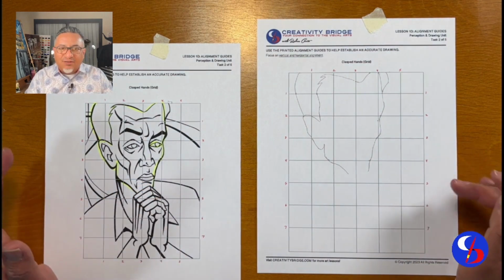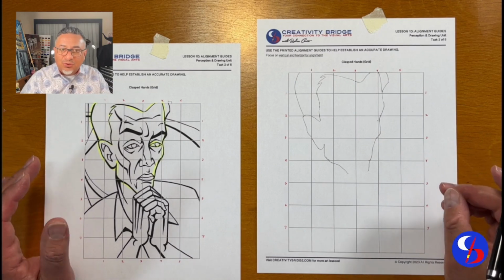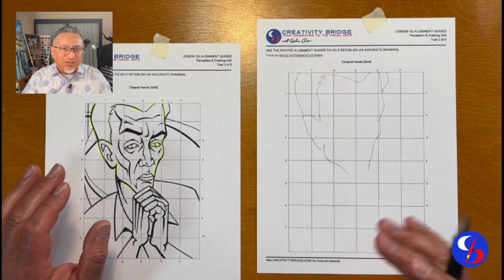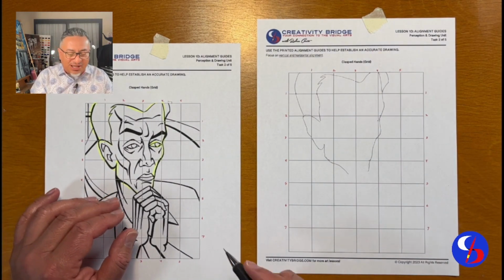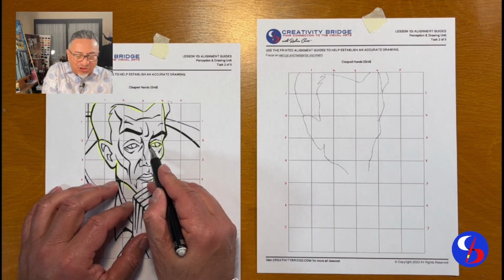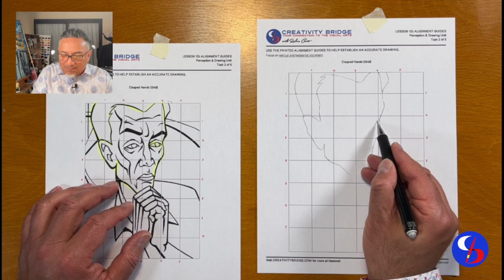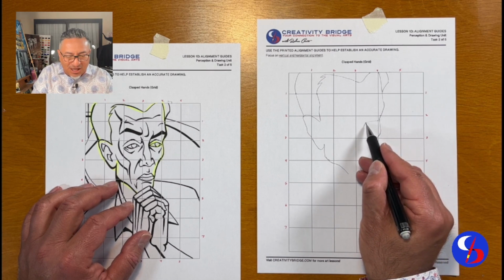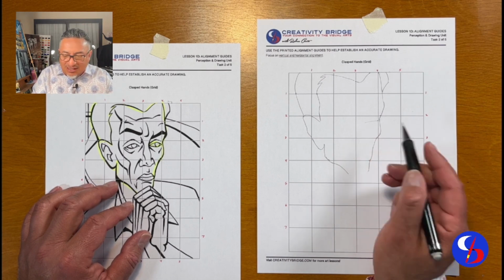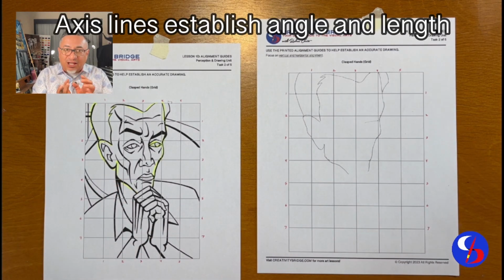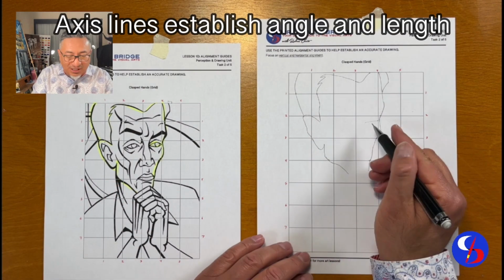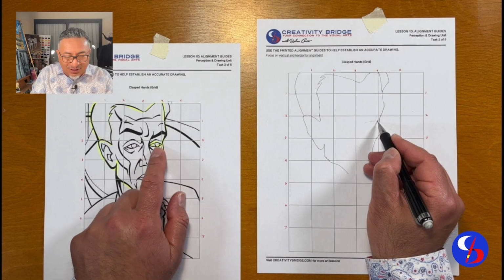Now there are a variety of things that I can do here. I'm going to do an axis line, right? I can use strategies from other lessons and apply it here. Imagine if I were to draw a straight line that goes corner to corner. That's going to give me the angle of what the eye is doing. And it stops at about here, I would guess. Now that I have that, that's going to act like a frame to help me figure out what the eye should be doing. This line rises up.